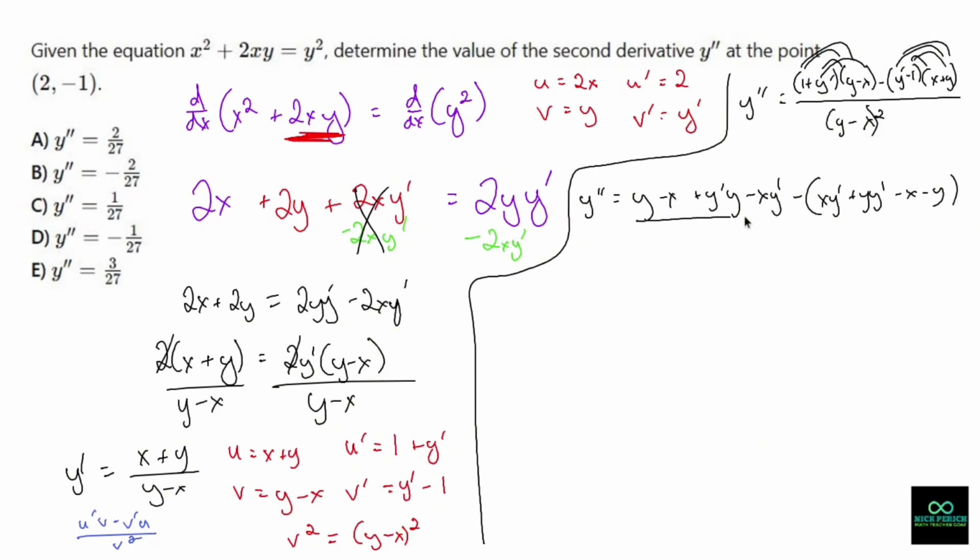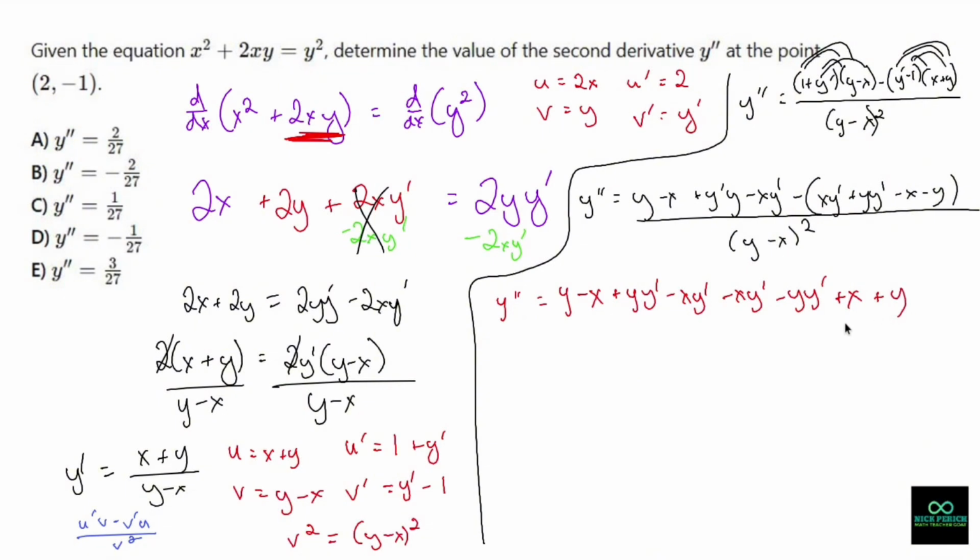And that's still all over y minus x squared. Let's distribute that negative. Y double prime is going to equal y minus x plus y prime y minus xy prime minus yy prime plus xy prime minus y prime, how nice, plus x plus y. So lots of stuff here disappears.